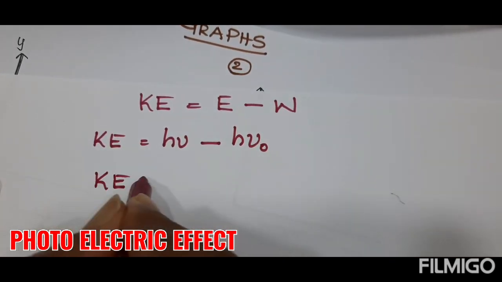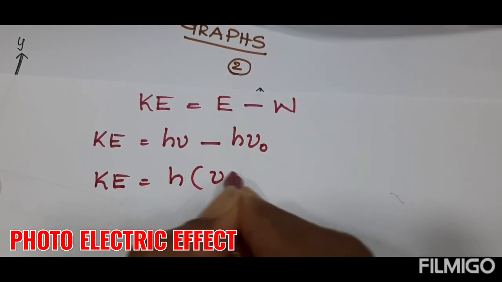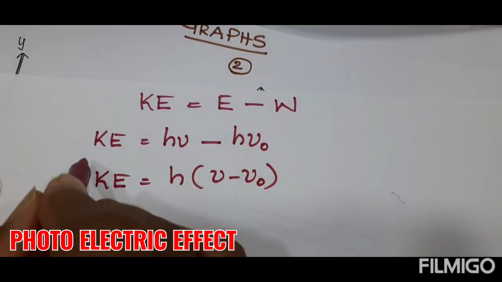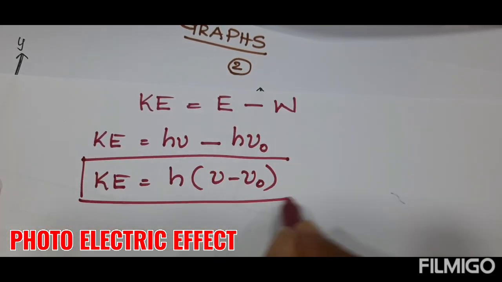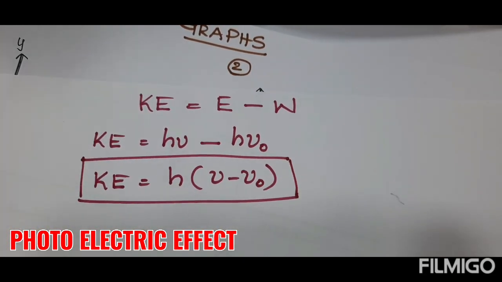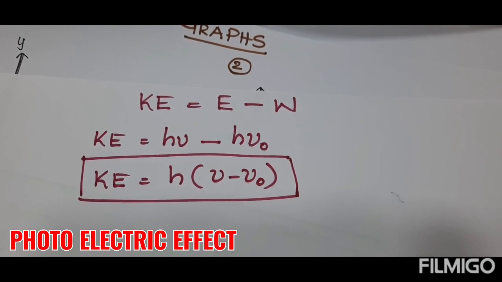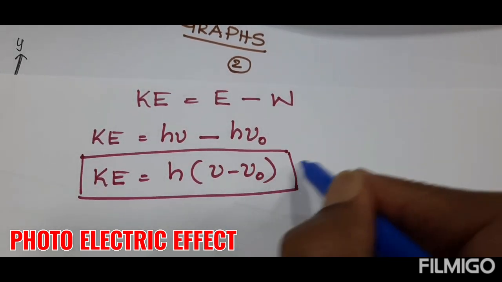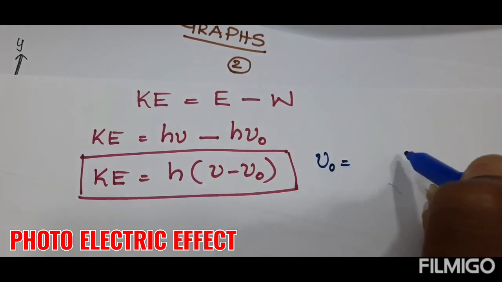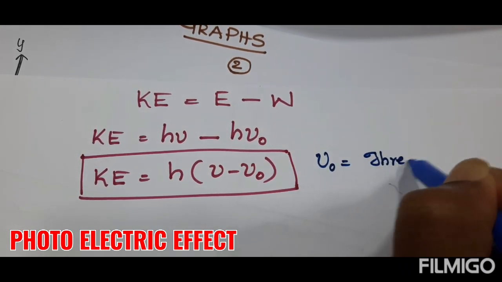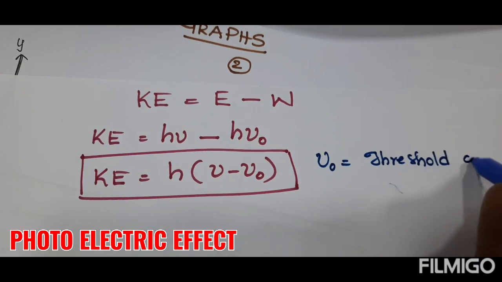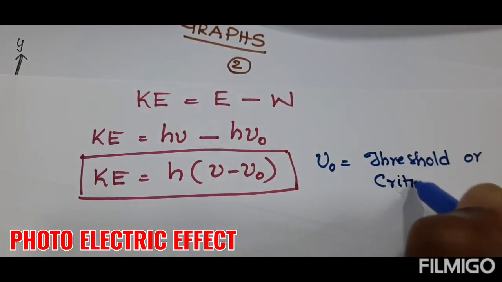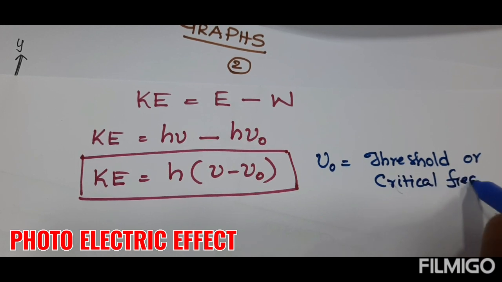Kinetic energy Ke is equal to h into nu minus nu naught. This is one relation you have to make, right? Here nu naught is the threshold or critical frequency. Right.